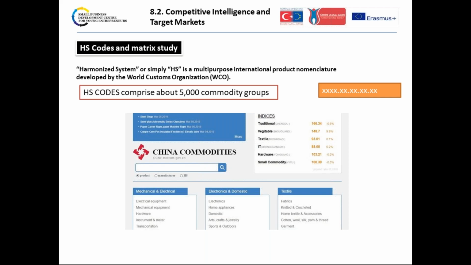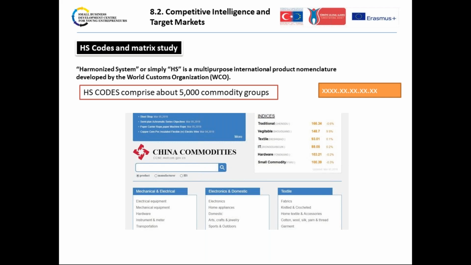of your product. So in order to understand, I can give you the China Commodities web page. This is the Ministry of Trade of China. I use this website because when you write down your product name under this China Commodities search line, if you say computer, this website is going to give you the computer HS codes.